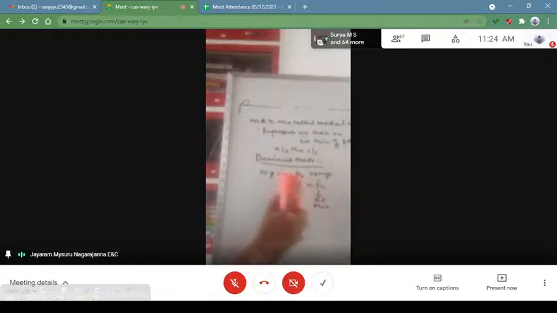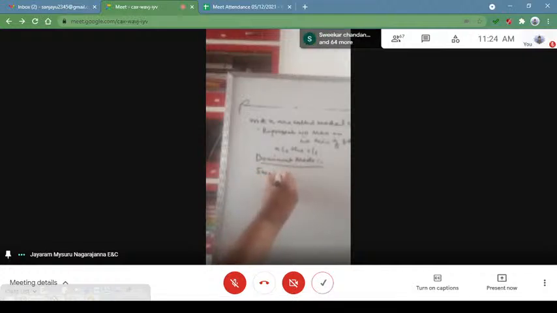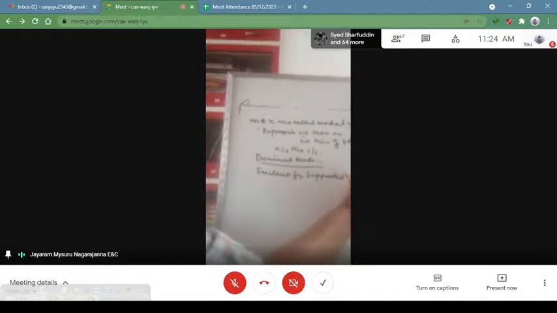So we can write here: smallest frequency supported by a waveguide, or longest wavelength supported by the waveguide, since F is inversely proportional to lambda.